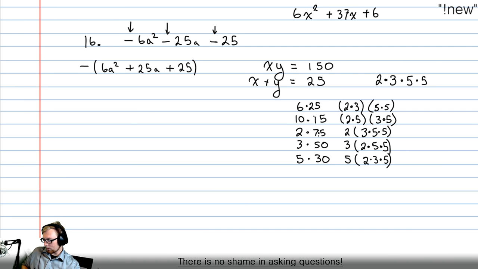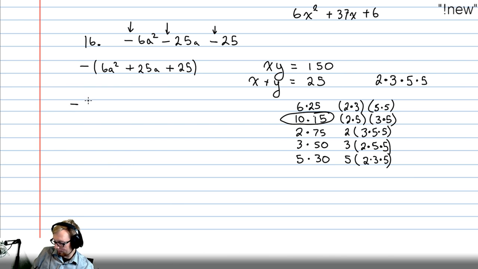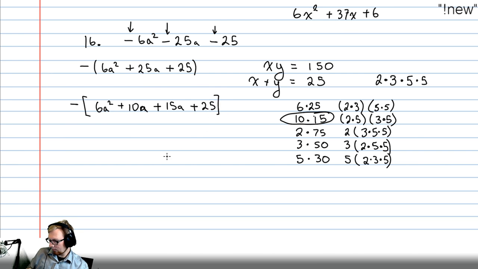Okay, Raj, which two numbers work together? The 10 and the 15. Brilliant. So you have negative 6a plus 10a plus 15a plus 25. Good.